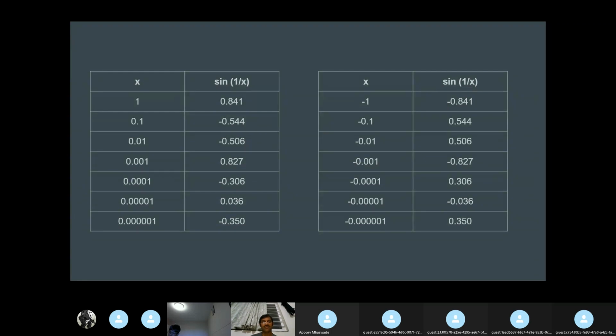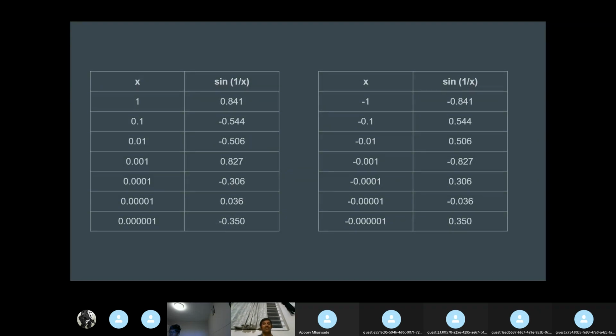And this really shows that there isn't a definite pattern as you reduce the input further and further. You can't really tell, without calculating it, whether the next value is going to be positive or negative, or higher or lower in magnitude. It's a very interesting thing.